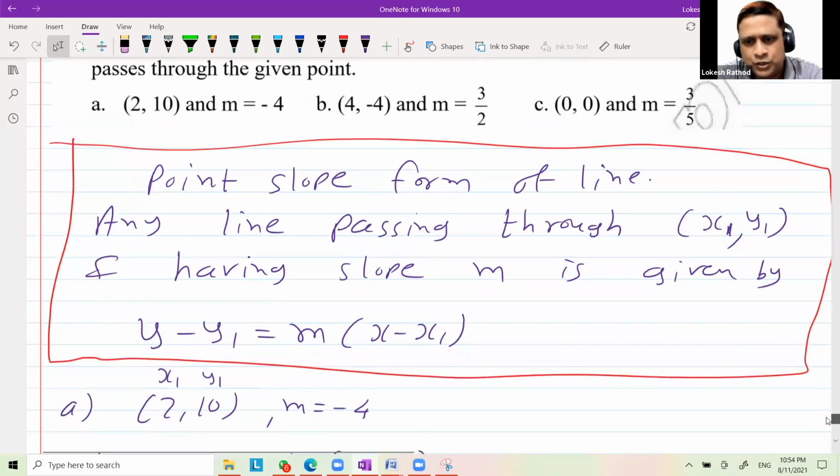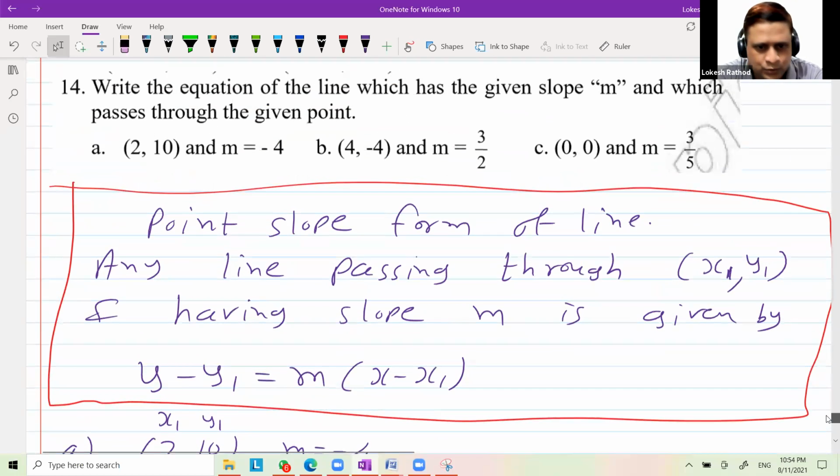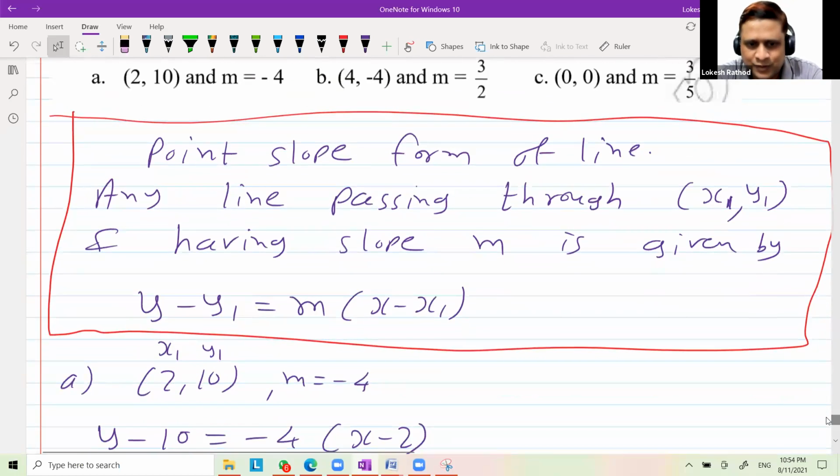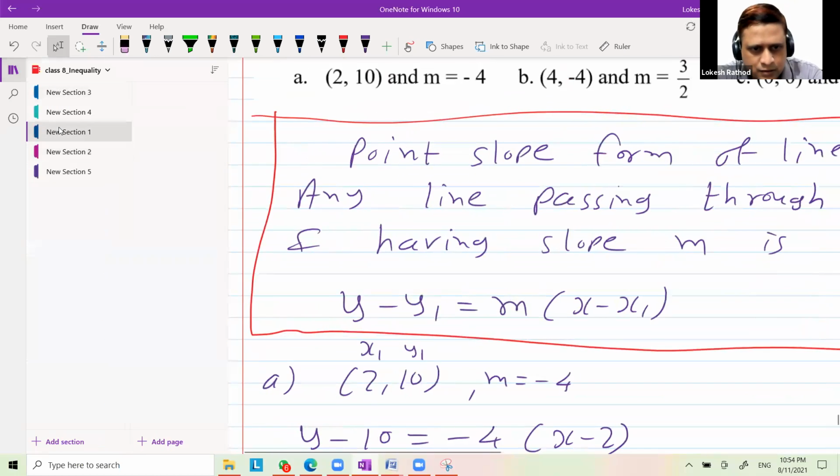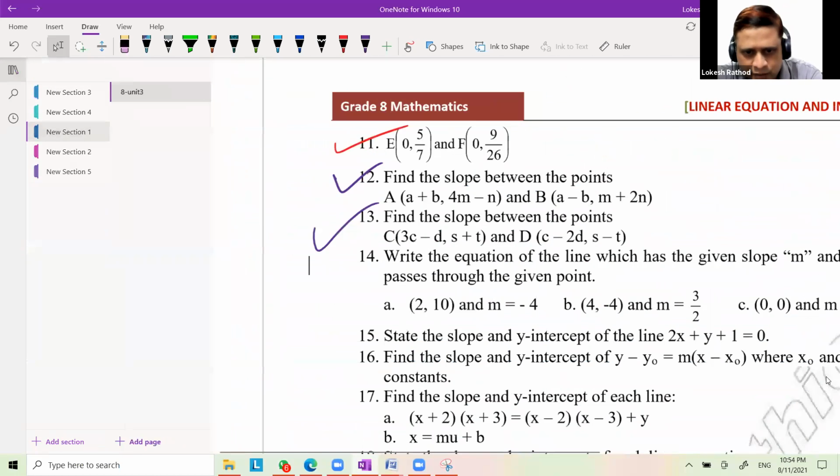Similarly for the other parts, B and C, you can do it also. The point slope form of a line, y minus y1 is m into x minus x1. So we have done till here.